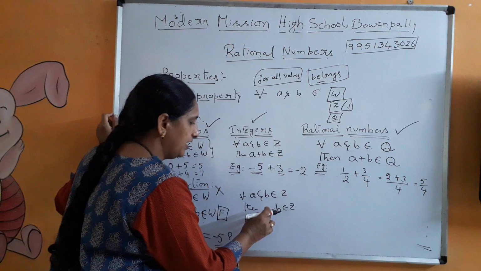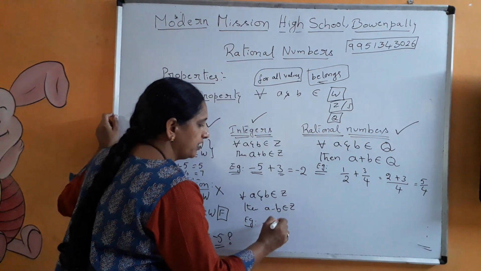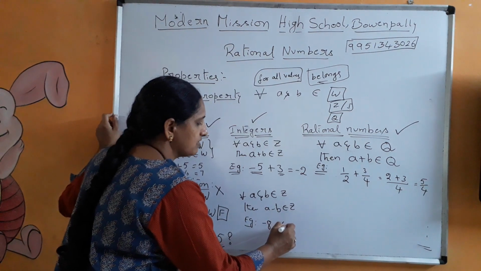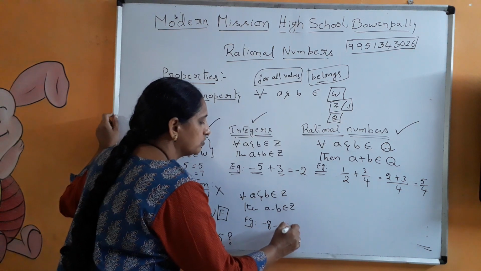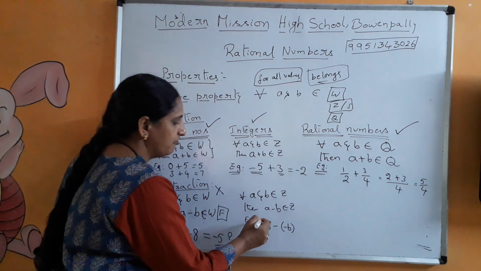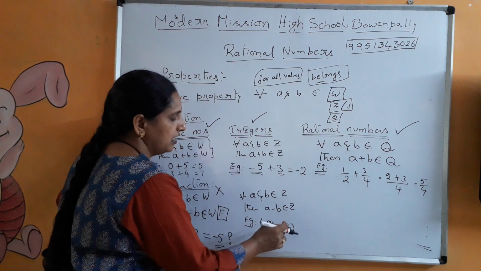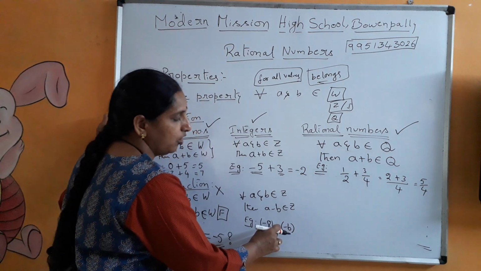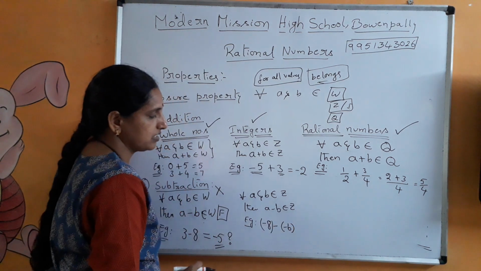A is minus 8, and B I have taken as minus 6 suppose. So I have minus 8, the subtraction operator, and then minus 6.